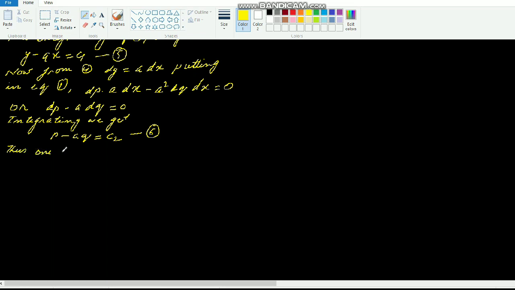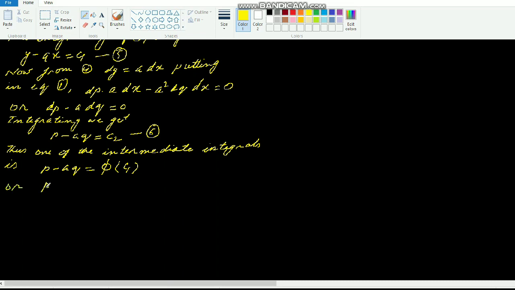Thus, one of the intermediate integrals is p minus aq is equal to phi of c1, since c2 may be written as a function of c1, or p minus aq is equal to phi, and c1 is equal to y minus ax, so phi of y minus ax.